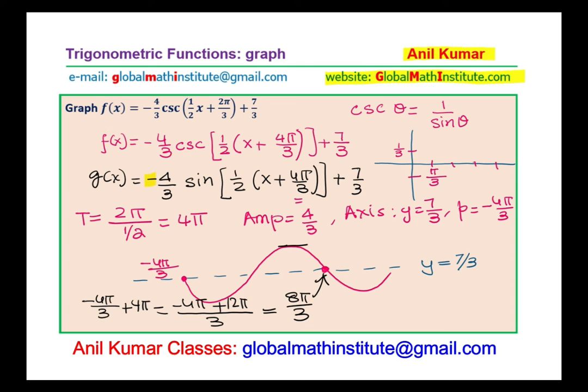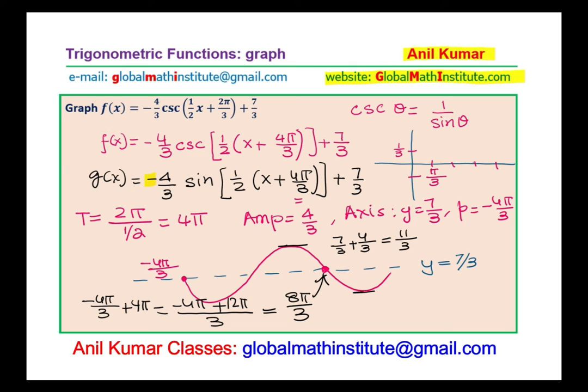What are the maximum and minimum values? Well, for the maximum value, you have to add 4 by 3 to 7 by 3, right? So this will be 7 by 3 plus 4 by 3, correct? Which is 11 by 3.